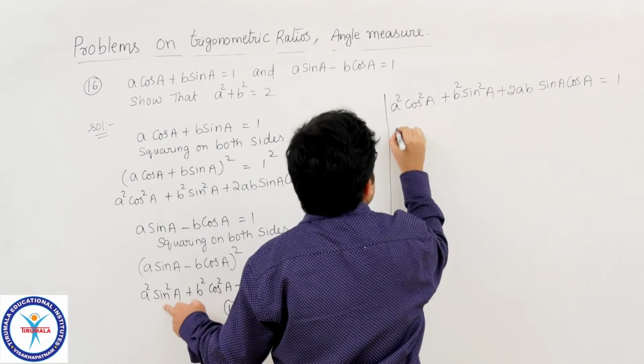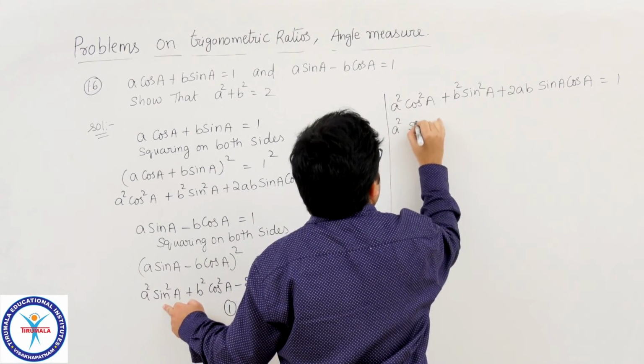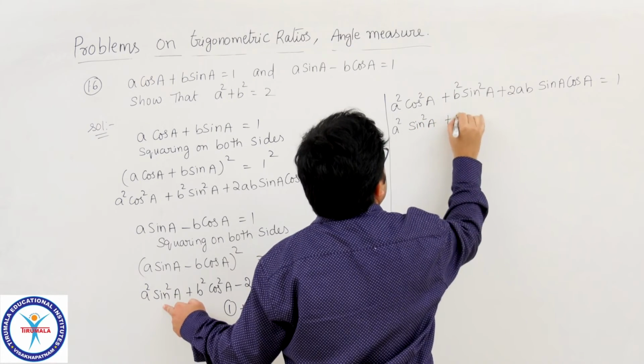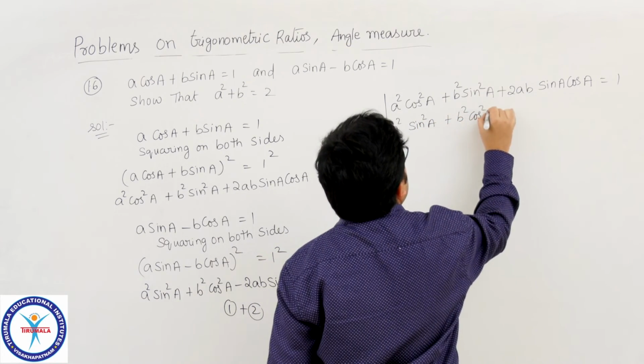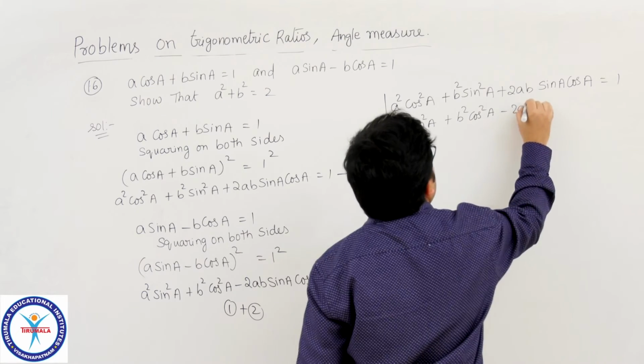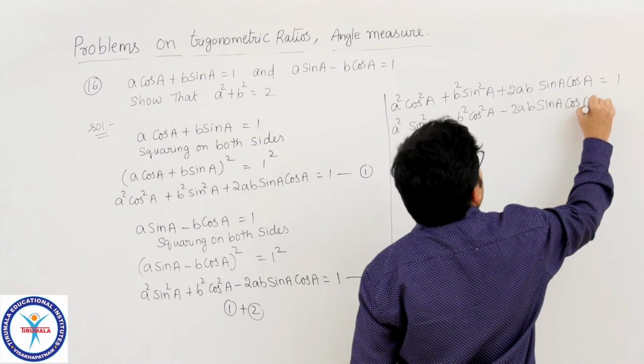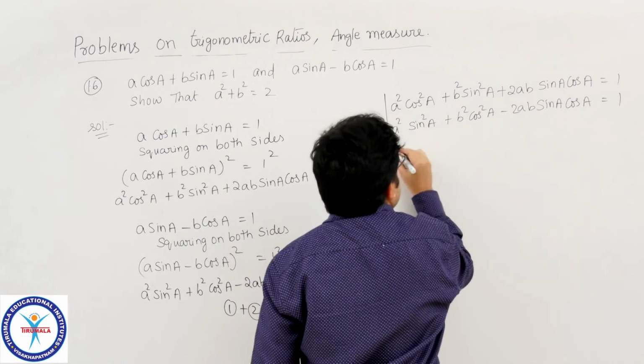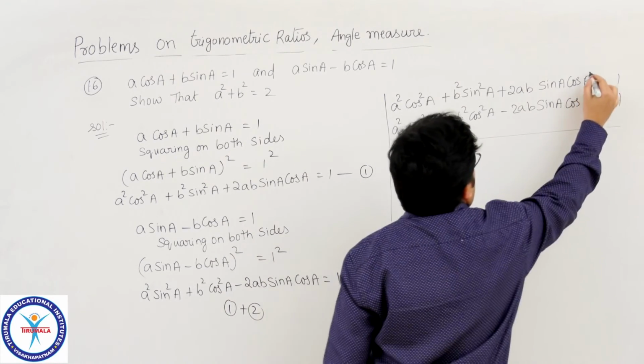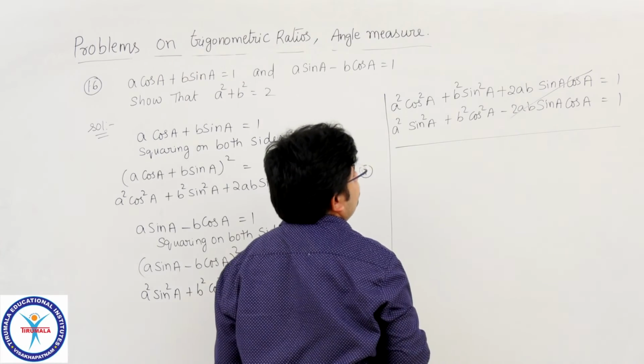The second equation is a square sin square a plus b square cos square a minus 2ab sin a cos a is equal to 1. Add these two equations, plus and minus get cancelled.